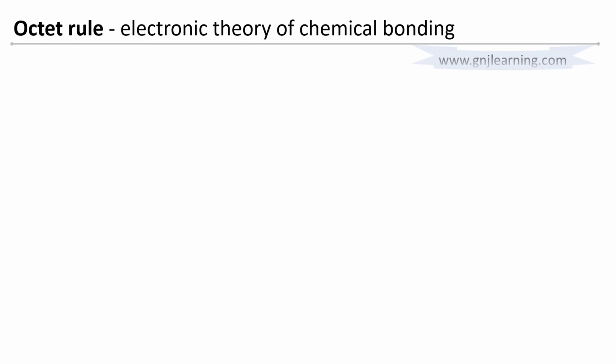So let us summarize what Kössel and Lewis have told. They summarized their theories as the electronic theory of chemical bonding, which is also called the octet rule. The octet rule explains all that we have seen until now, the Kössel-Lewis approach.